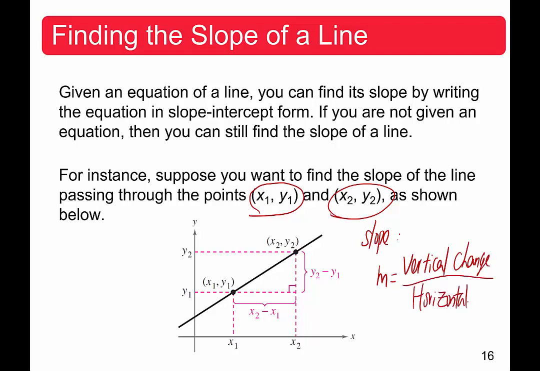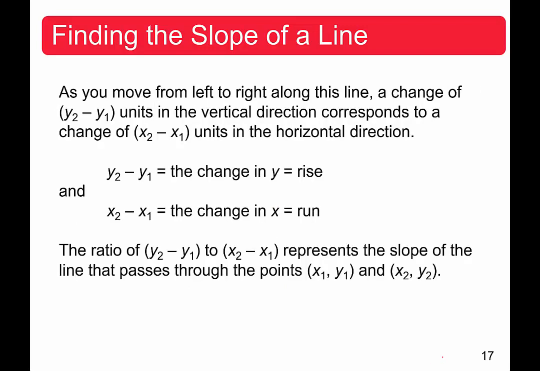Vertical change can be captured using y2 minus y1, the difference between those two vertical coordinates. And the horizontal change is the difference between those two x coordinates, so x2 minus x1, using the bigger x value minus the smaller x value. And that's how we come up with the slope formula.